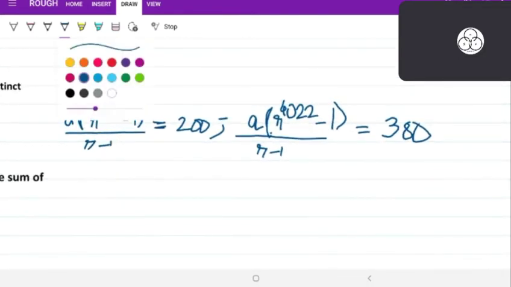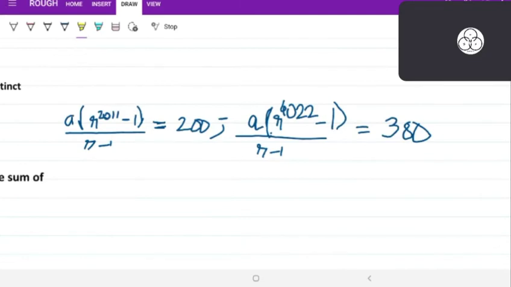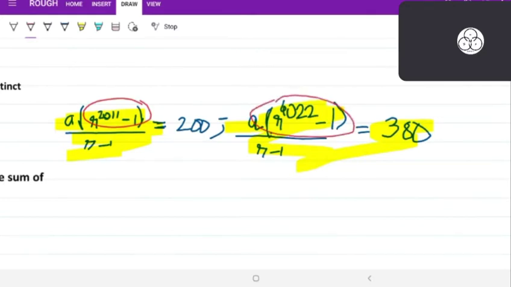I'm just giving you the method: simply divide this equation by this equation. You will get an equation in terms of only these two expressions, and from here you can find the value of R to the power 2011.